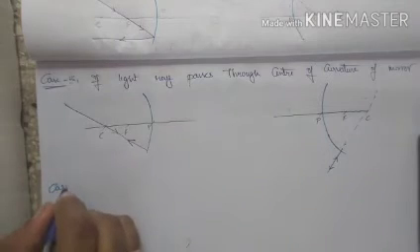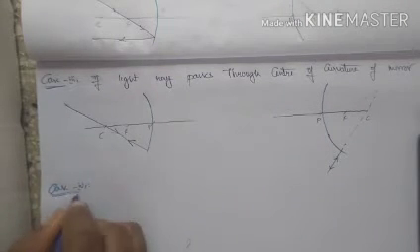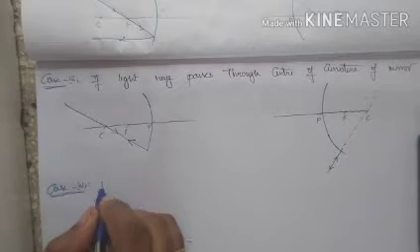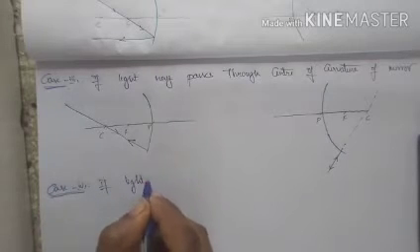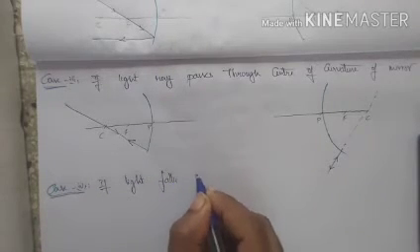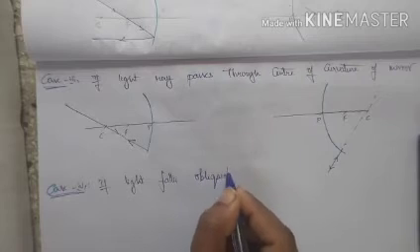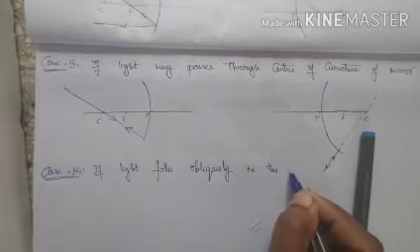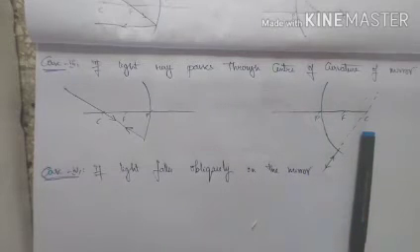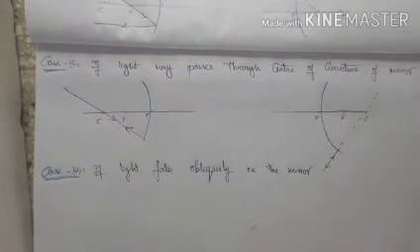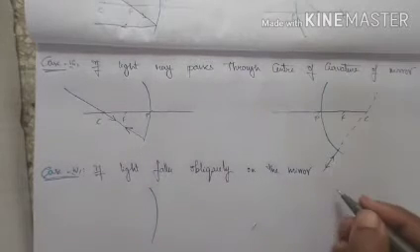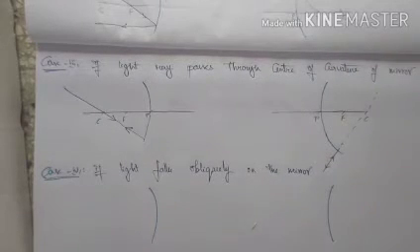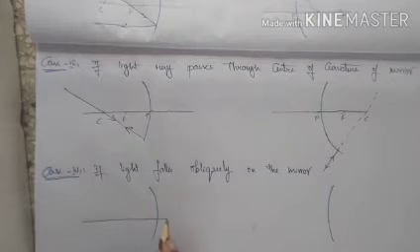And the most common case is case 4. Case 4 is if light falls obliquely. Obliquely means at any angle on the mirror, then it follows the laws of reflection. I'm drawing my principal axis.